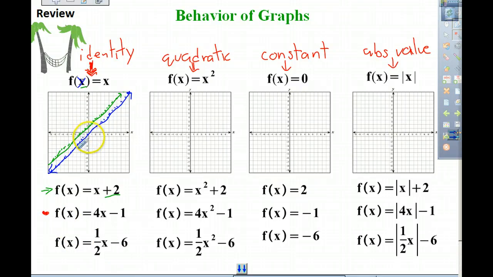Okay, it's moved down 1, and then you go up 1, right 4. So it's the same thing, it's just kind of moved around in different ways.